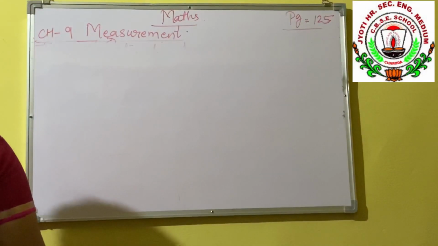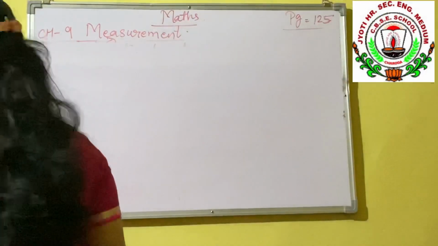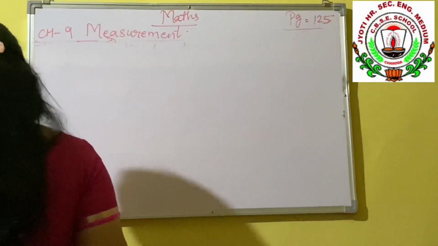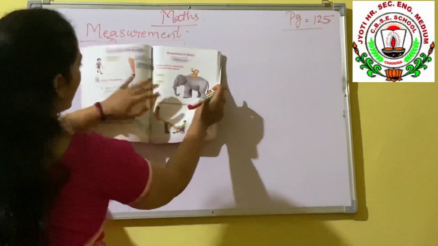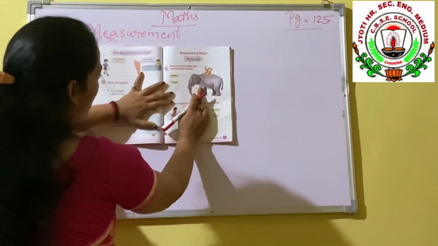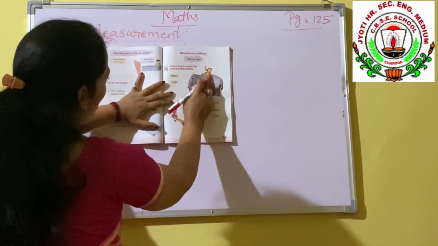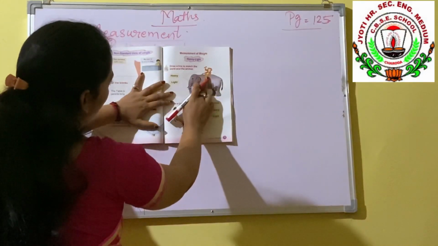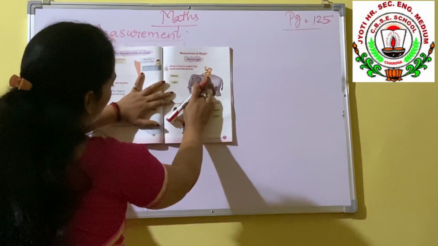Okay, so you can see over here one elephant is standing, and on the top of the elephant one monkey is sitting.